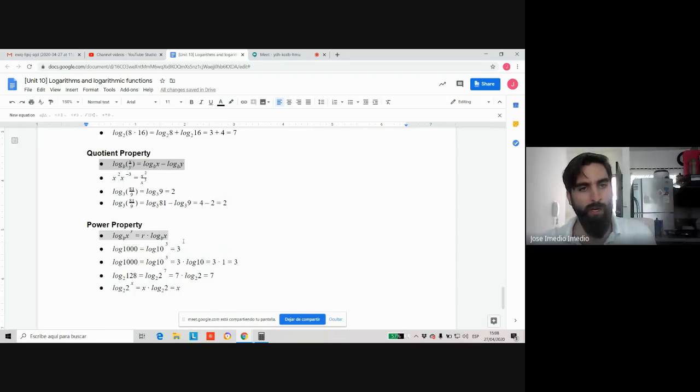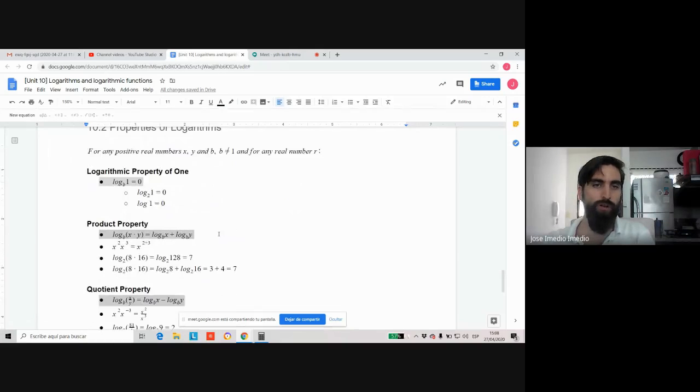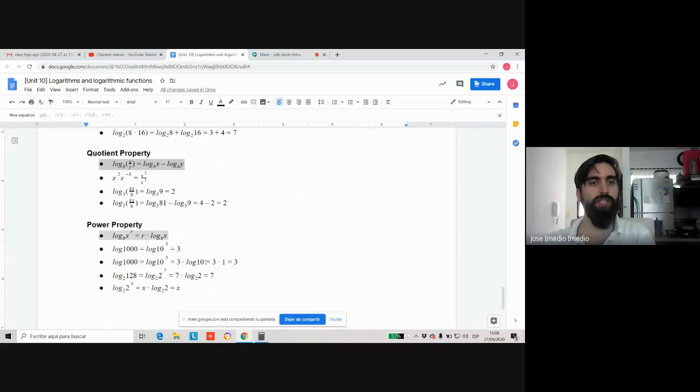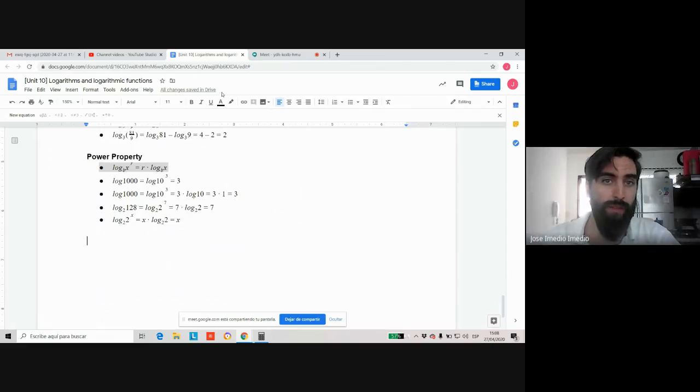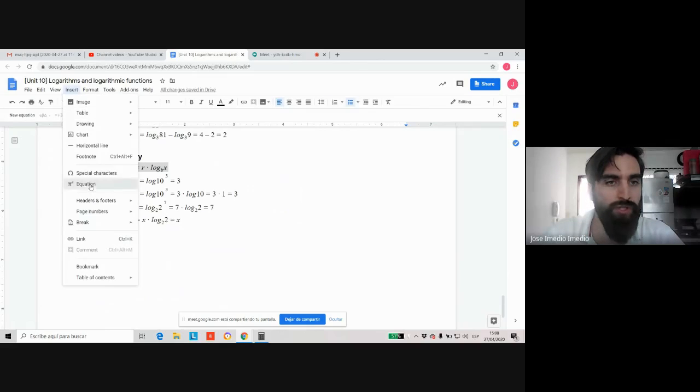So now we already talked about the property of one, product property, quotient property, and power property. So let's go with the last three ones. Okay, the next one I think should be the one-to-one property, which I think it's actually quite logical once you think of it.